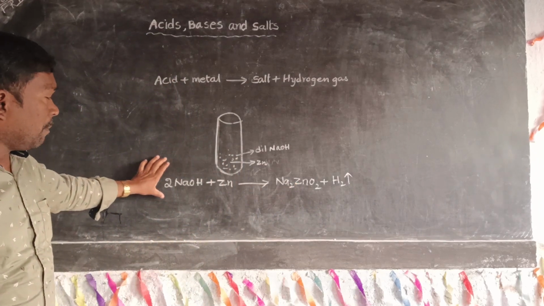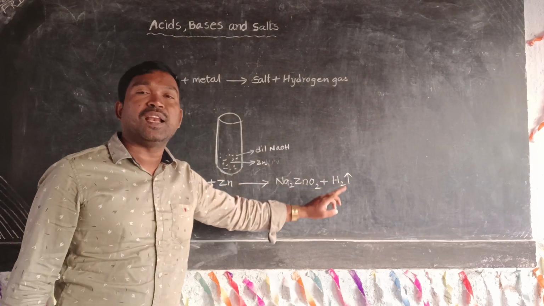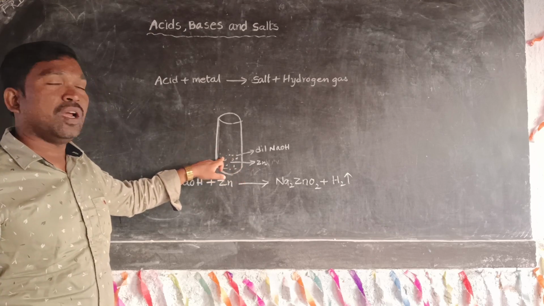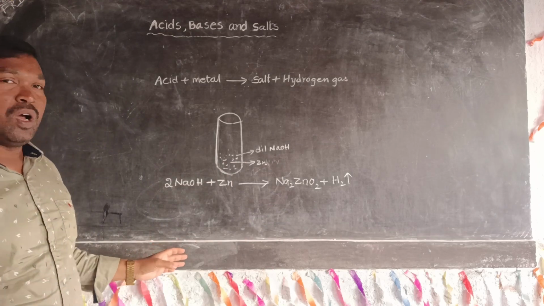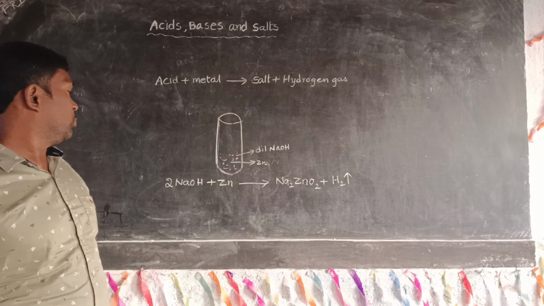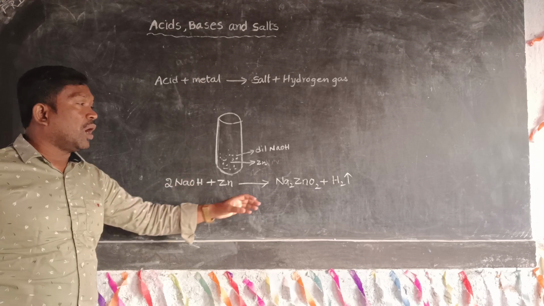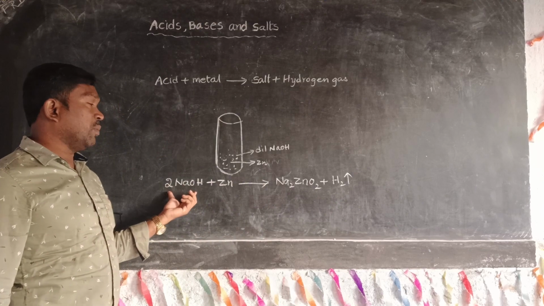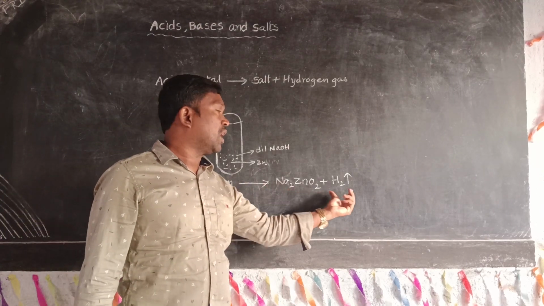Here bases react with metals and hydrogen gas is liberated. Take a test tube, pour some zinc granules in it, add 2 ml dilute NaOH and warm the contents. We will notice that hydrogen gas is liberated. Sodium hydroxide reacts with zinc to give sodium zincate and hydrogen gas.